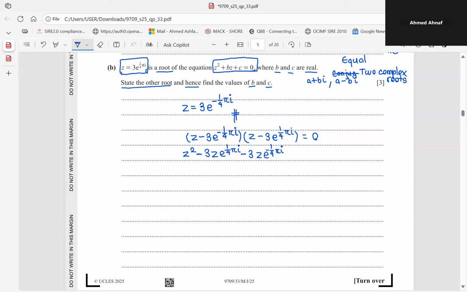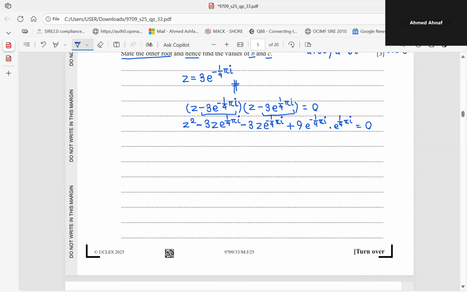And then these two multiplied, minus 3 times minus 3, that's plus 9 times e to the power of minus 1 over 4 pi i times e to the power of 1 over 4 pi i equals 0.